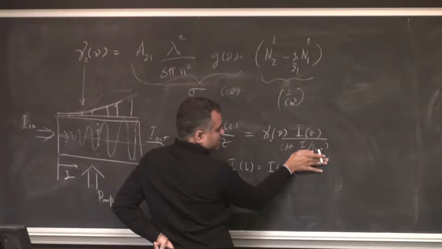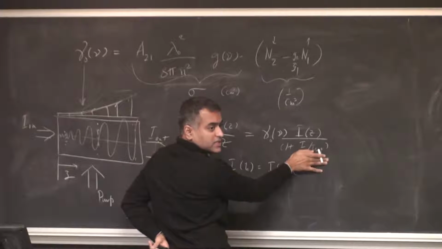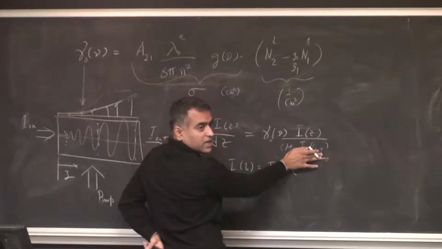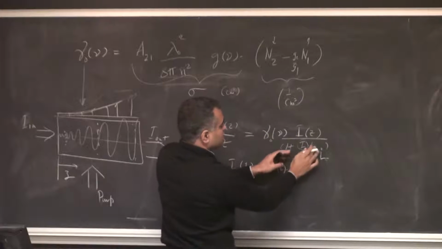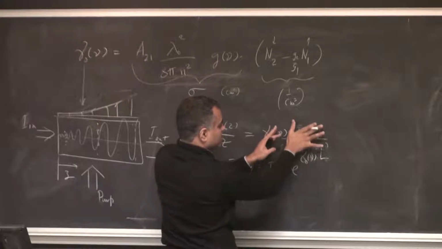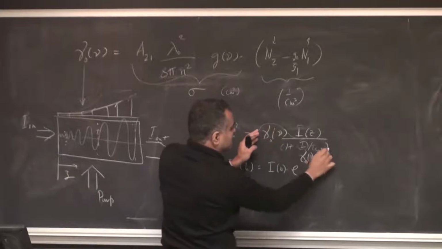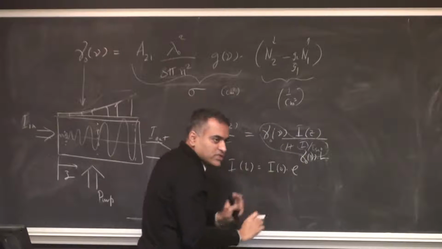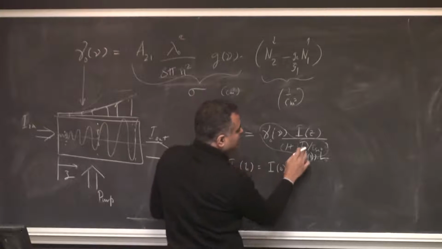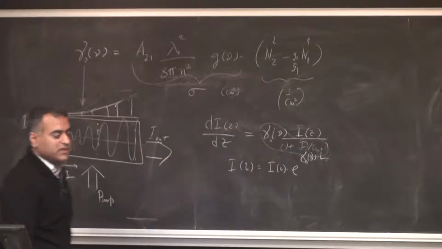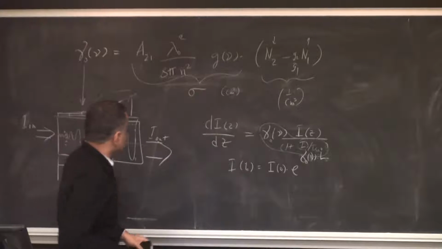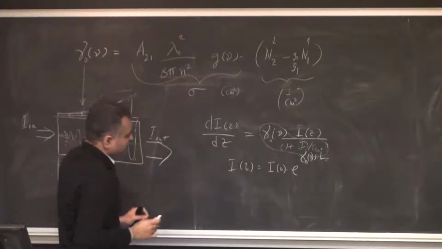You're solving a couple of assignment problems with this aspect: when your intensity gets too large, the gain coefficient effectively depends on intensity, so it goes down. If the intensity is very low, this is 0, you forget it and you're exponentially increasing, so you're in small signal. Large signal is when you clamp that down, so it doesn't increase as much.